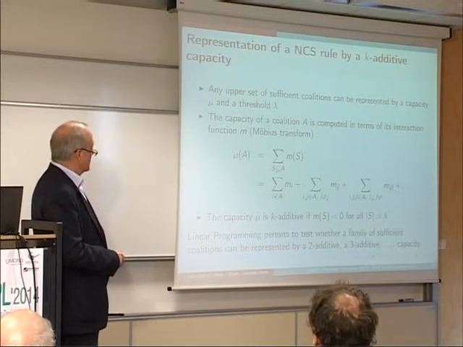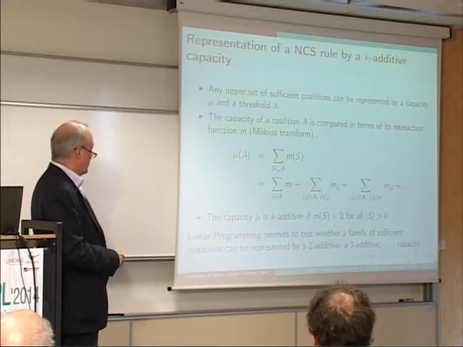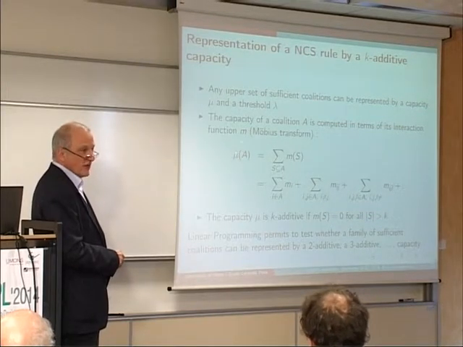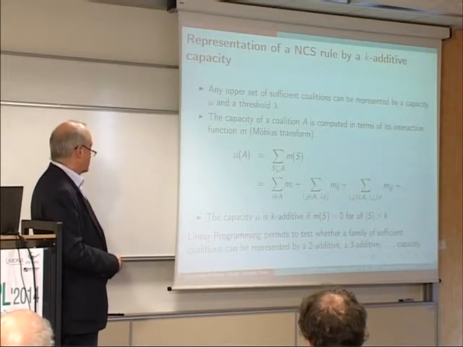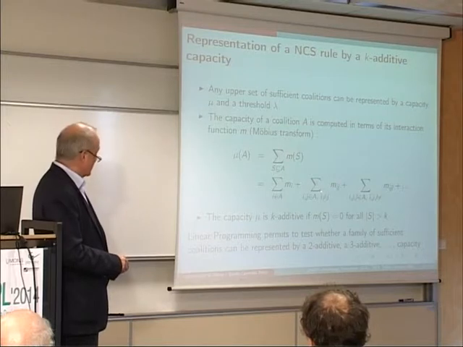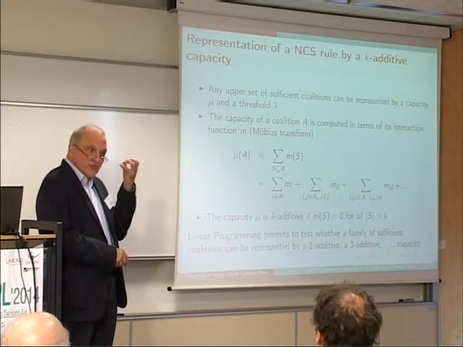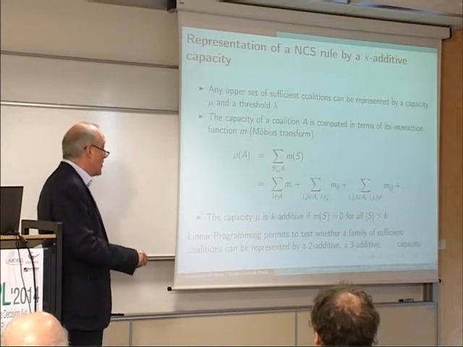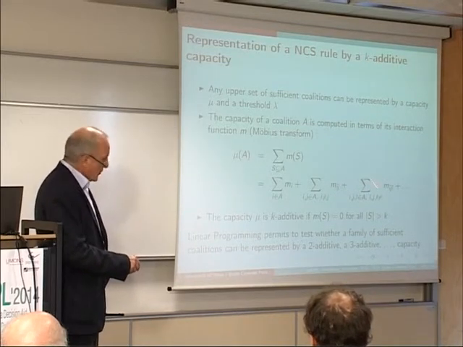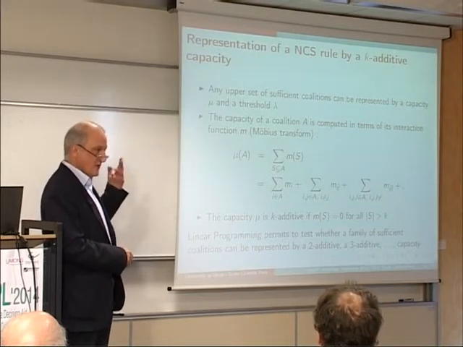If you use the Möbius interaction function, the measure of a coalition, a set of criteria or players, is the sum of the weights assigned to each player, plus the sum of the weights of the pairs, the pure interaction between two players, plus the sum of the pure interaction between three players, and so on.